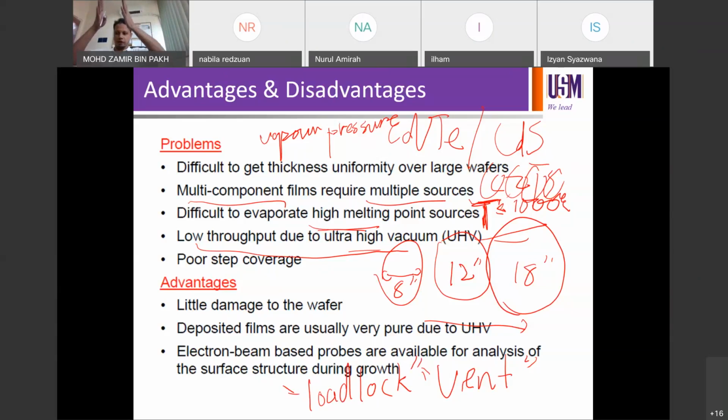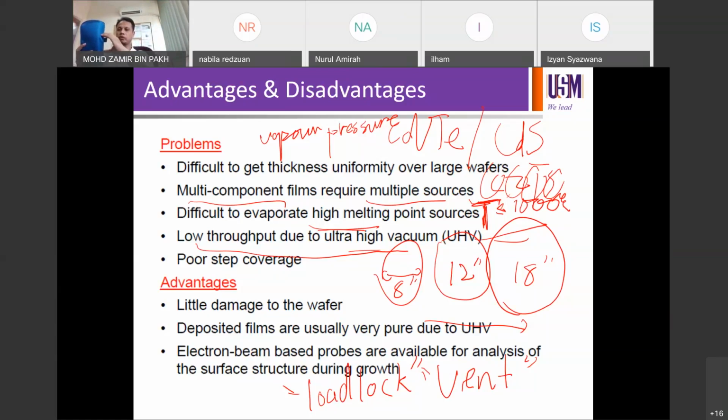Itulah ni UHV chamber kan. This is at vacuum 10-7 maybe. Kalau tidak, kita nak kena remove ni baru angkat sample. You have to vent first. So instead of venting, people invented the load lock.